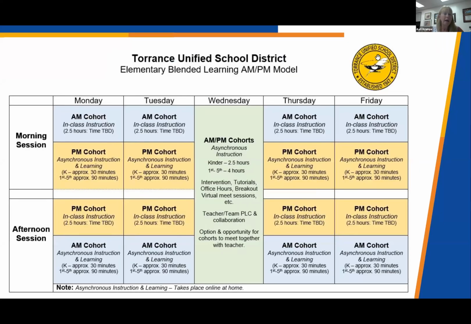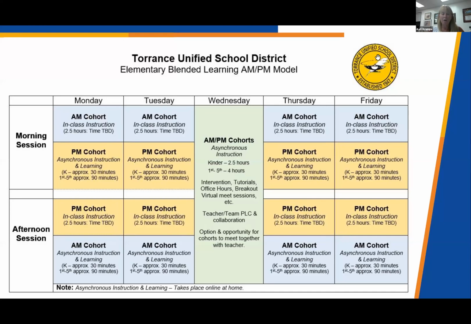So this is an elementary model of what a day could look like. And I know this looks a little complicated, but it's really not as complicated as it looks. Monday, Tuesday, Thursday, and Friday are exactly the same. If you would be in the AM cohort, you're going to go to class in the morning for about 2.5 hours a day. But then when you go home in the afternoon, you have approximately 90 minutes.